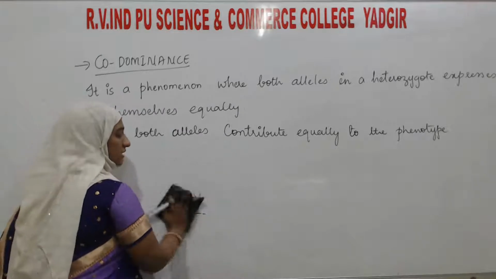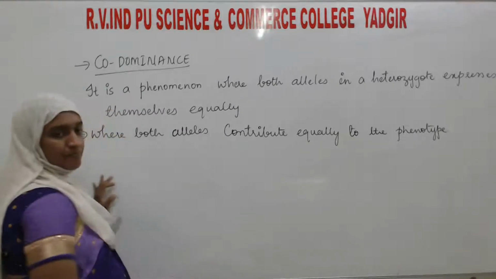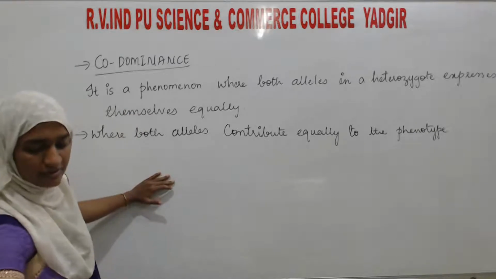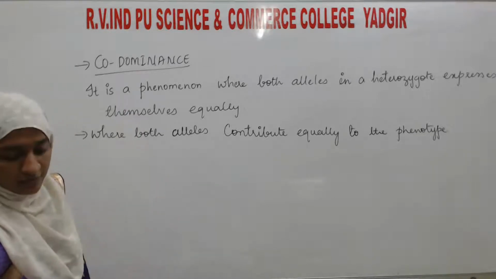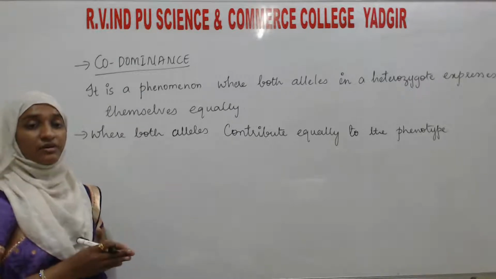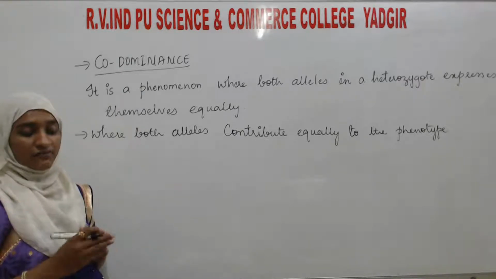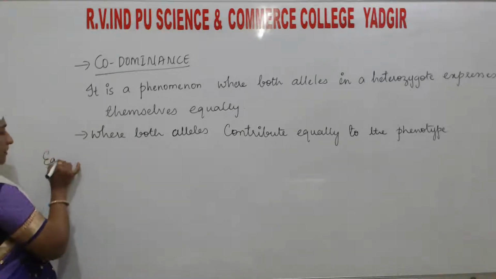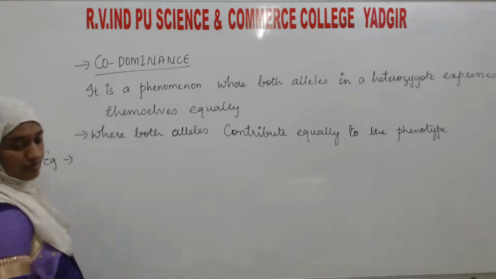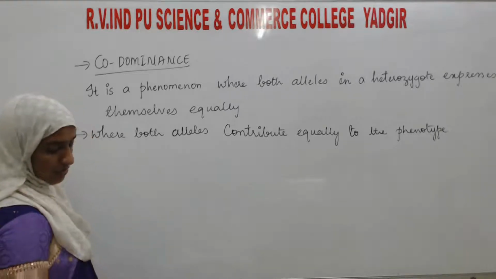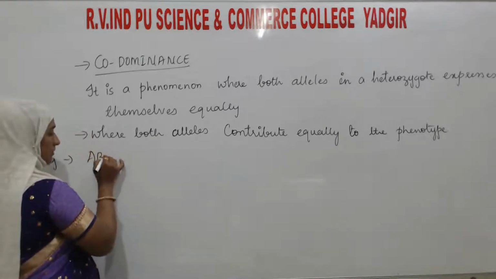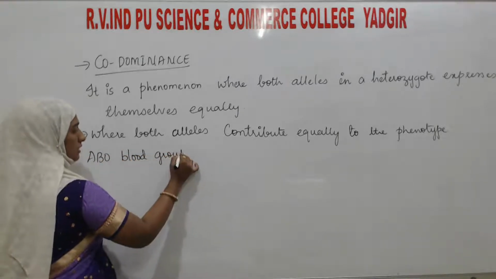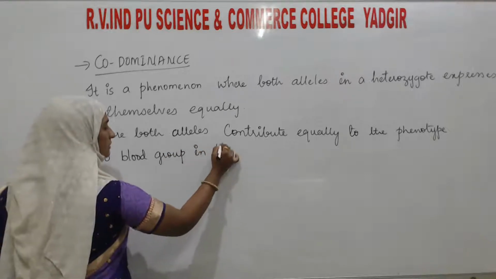So here, one example is taken to understand this codominance. What is the example? In the human blood there will be different types of RBC. The example taken is the ABO blood group in human beings.